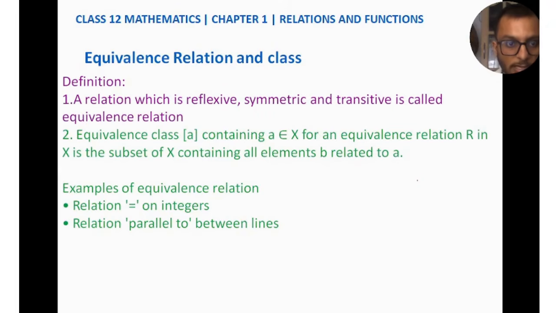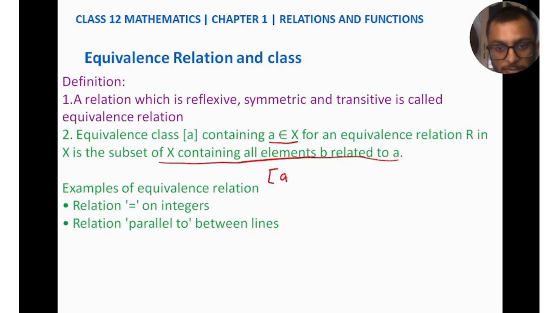This we did, right. Now we have the definition of equivalence relation. Next is the equivalence class. What is an equivalence class? The equivalence class of any element A belonging to X, for an equivalence relation R in X, is the subset of X containing all elements B related to A. Let me write it in a mathematical way so you will get it more clearly.